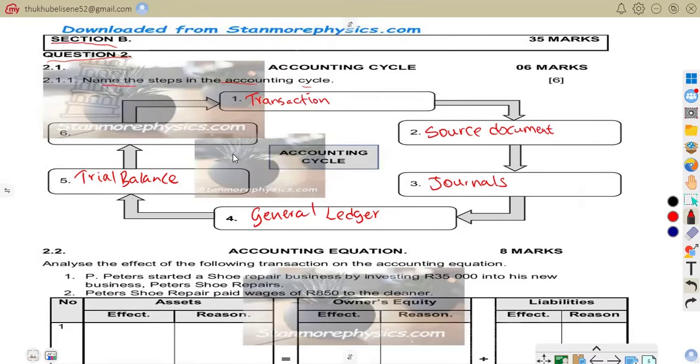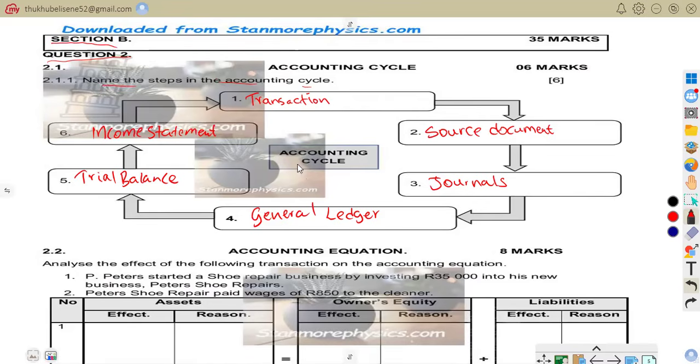Now follows the income statement, where profit or loss is calculated. The income statement shows income earned, expenses paid, and profit or loss for the period.